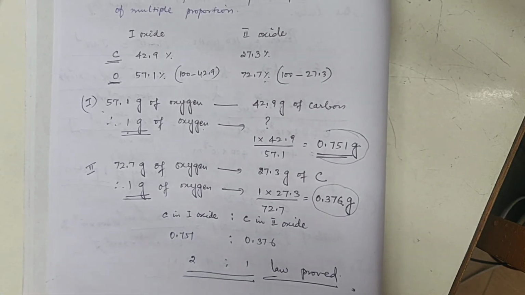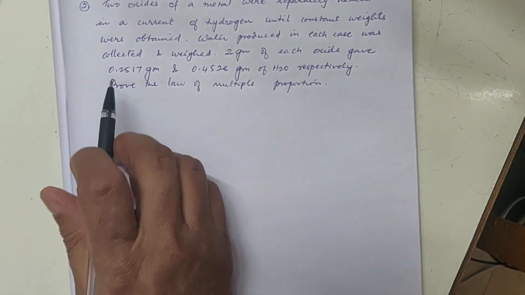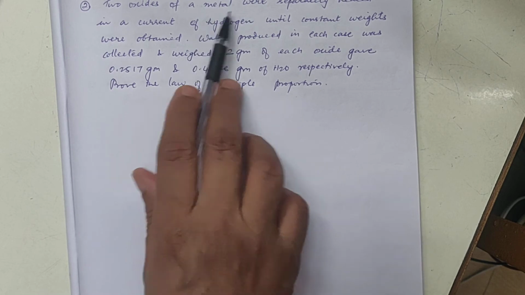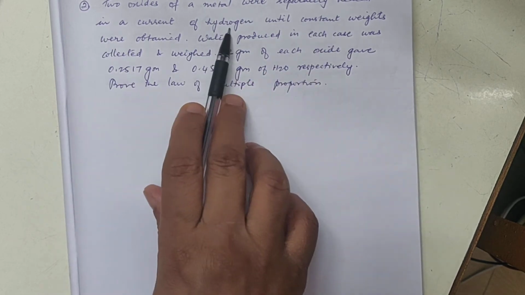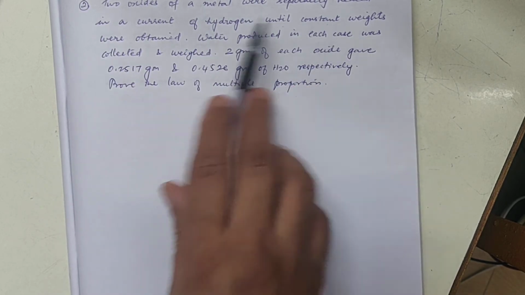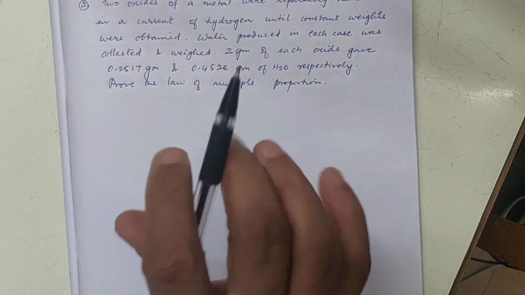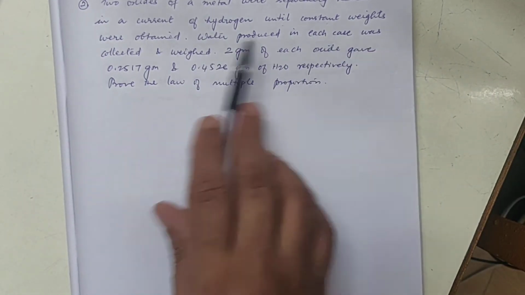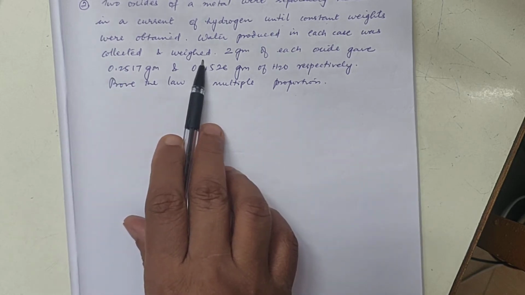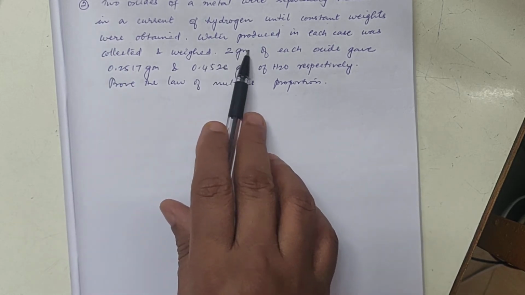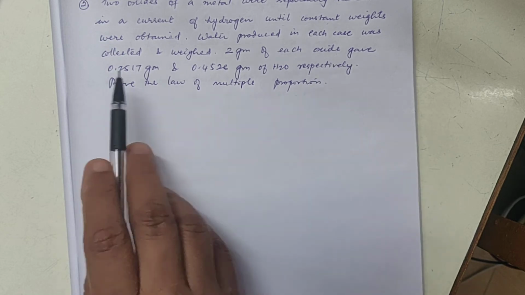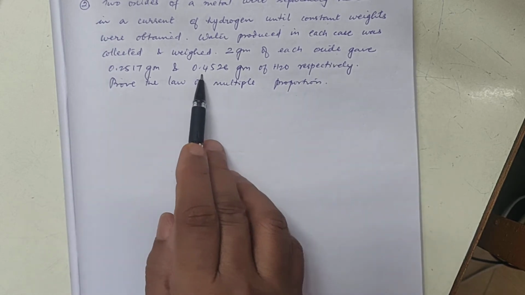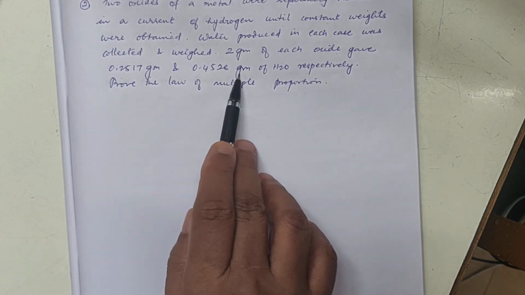Now let us see one more question. Here I have given two oxides of a metal which were separately heated in a current of hydrogen until constant weights were obtained. That is, hydrogen has reacted completely, and water produced in each case was collected and weighed, and it was found that 2 gram of each oxide gave this much of water and the other oxide gave this much of water.